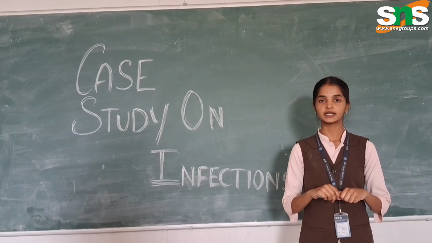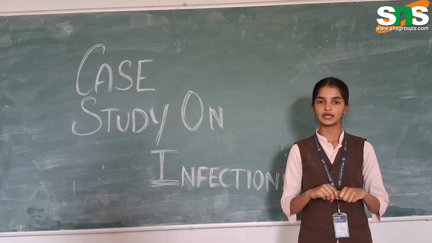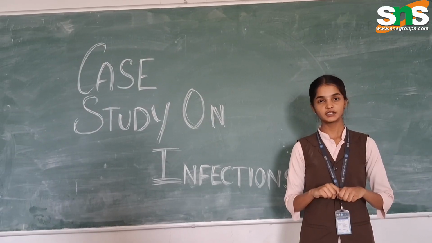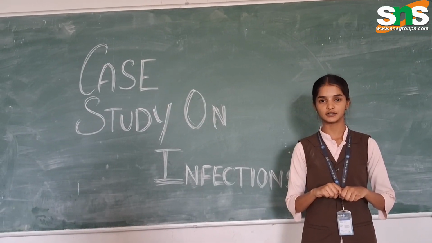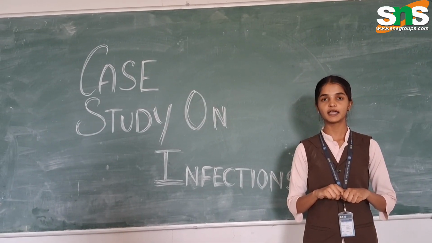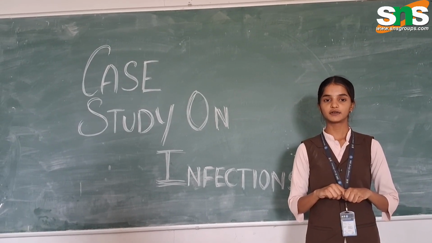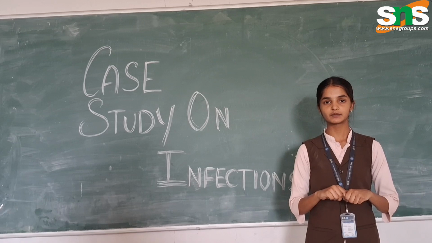Clinical manifestation: redness around the wound, swelling, pain, tenderness. Physical examination: the temperature is 38.5 degrees Celsius, blood pressure 130 by 80 mmHg, wound size 5 cm by 3 cm, pulse 96 per minute.